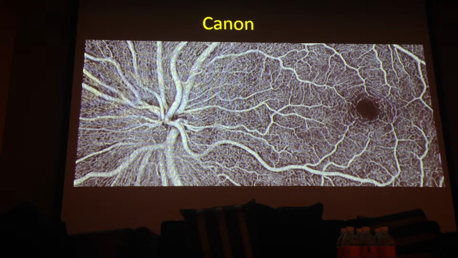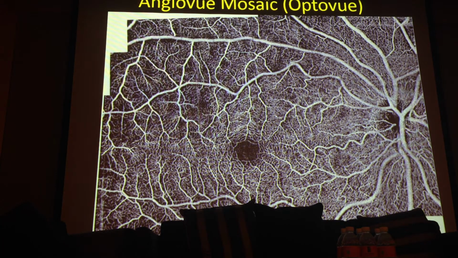Another solution to enlarge the field of acquisition of OCT angiography will be to create mosaics. You can see one example of a mosaic with the OptoVue system. You get a few acquisitions, and with automatic software we can recognize the vessels, and the machine will reconstruct them.